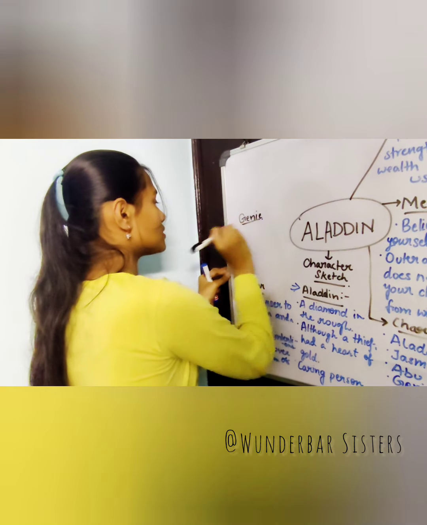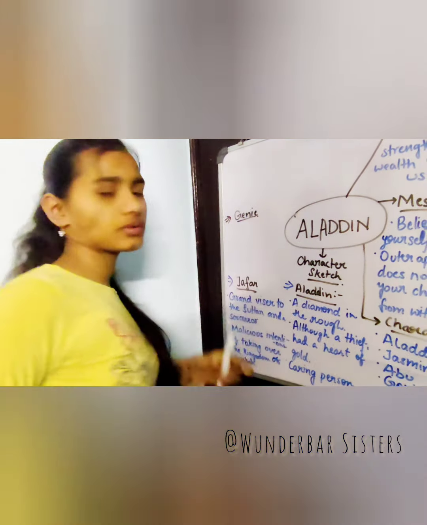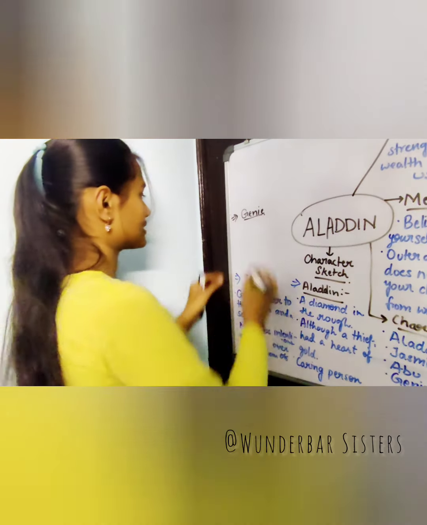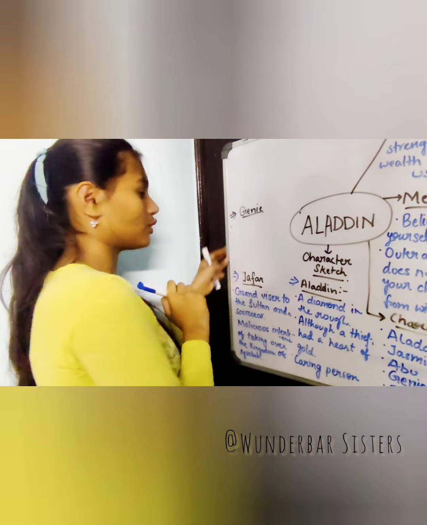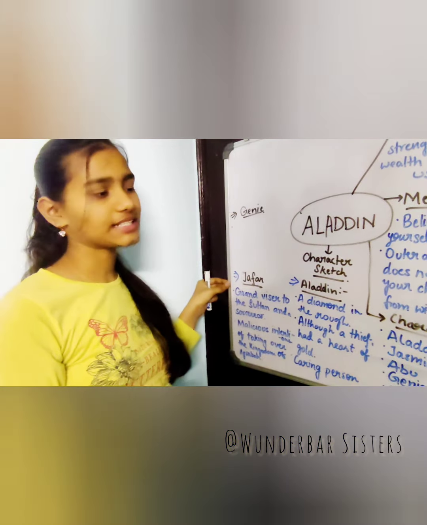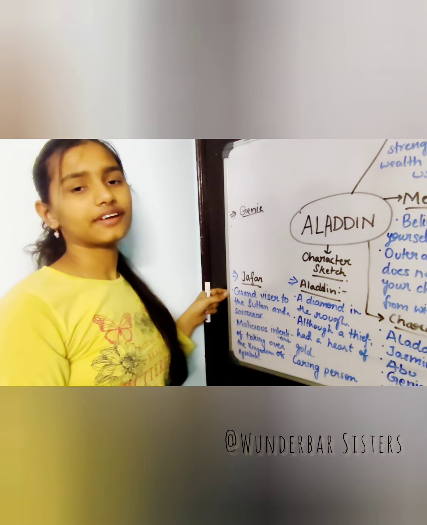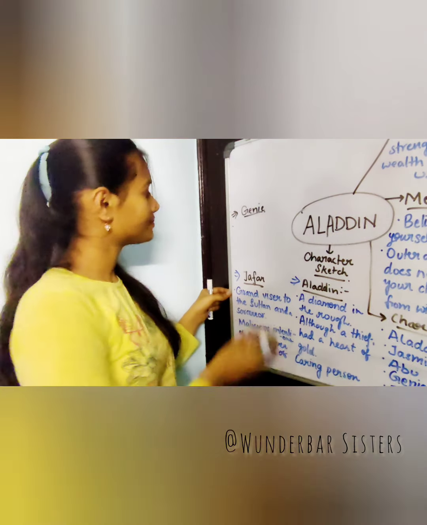And so the values that we get from him is that he was a good friend because he saved Aladdin's life when he was drowning.